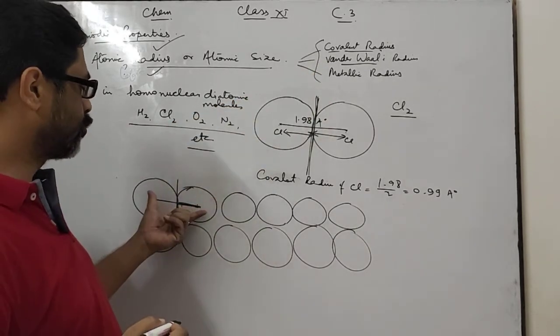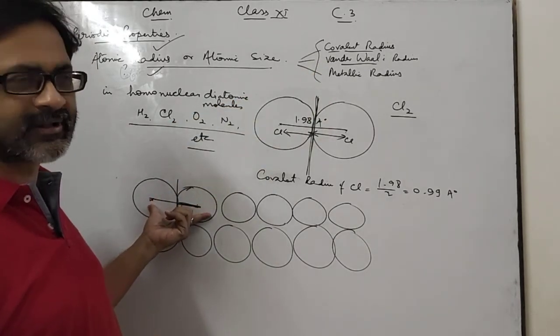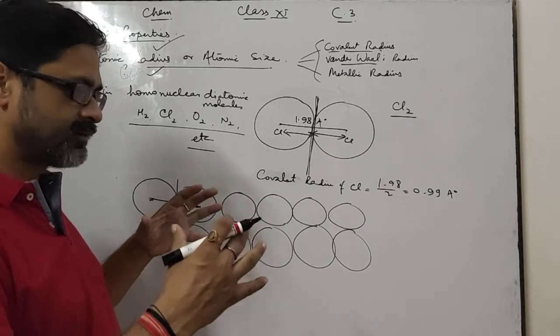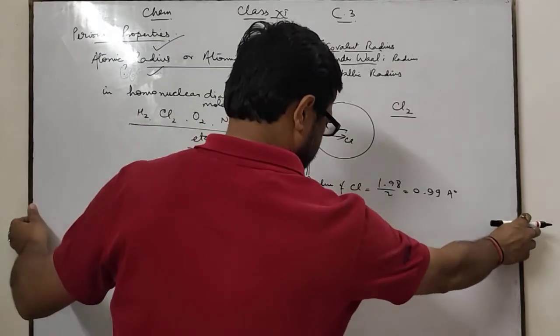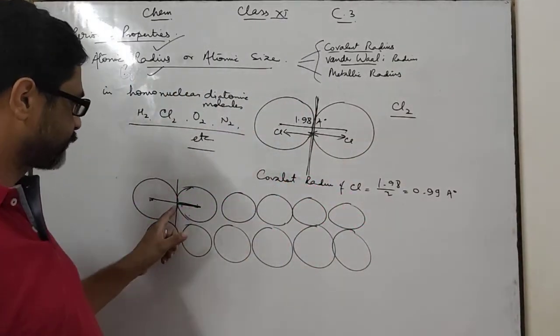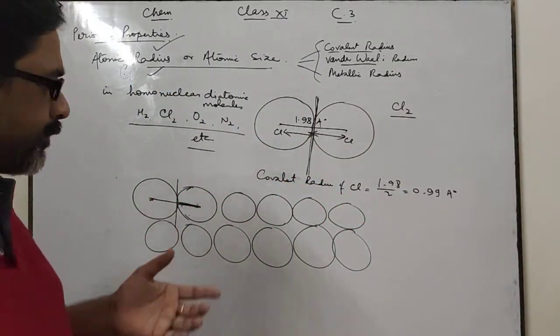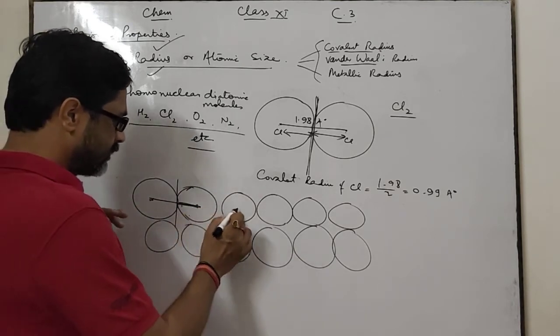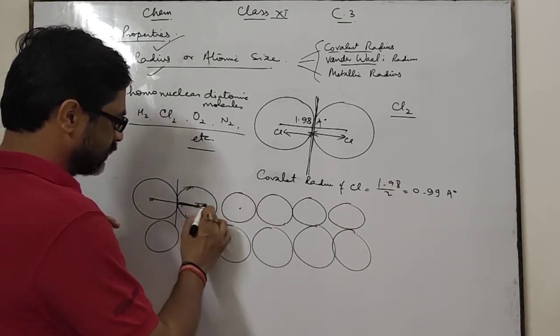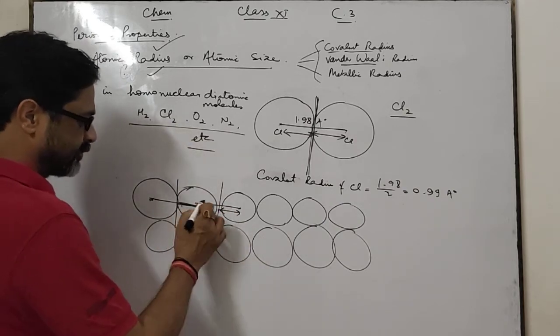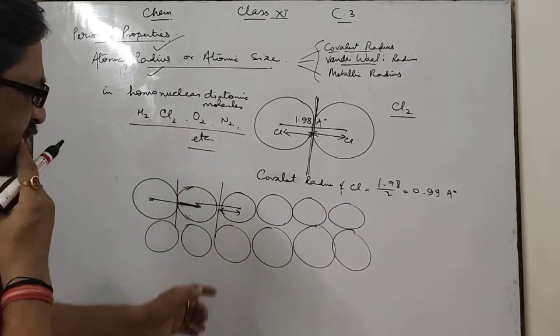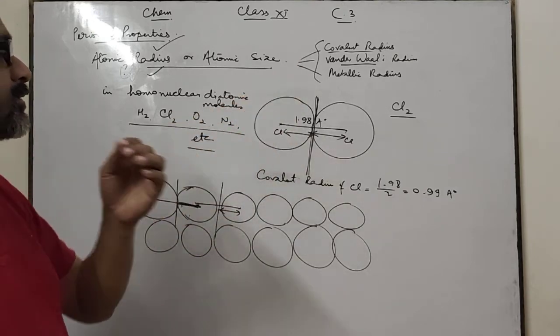Here no covalent bond is present between these atoms. They are only glued together, nearer to one another. No bond is formed here. From this nucleus to this nucleus, half of the distance between two nuclei is called van der Waals radius.